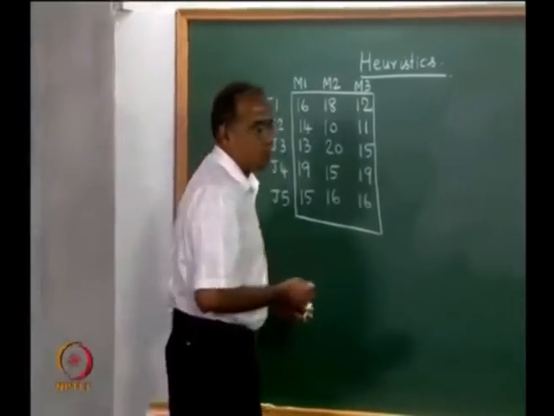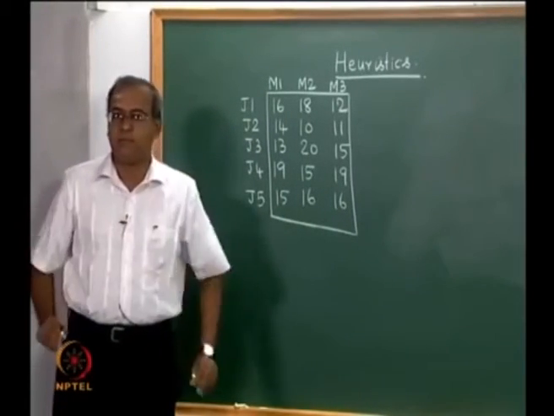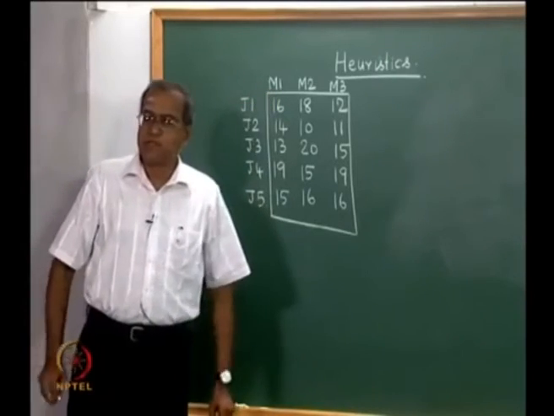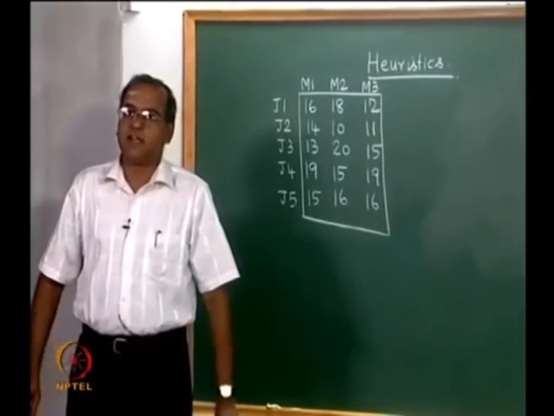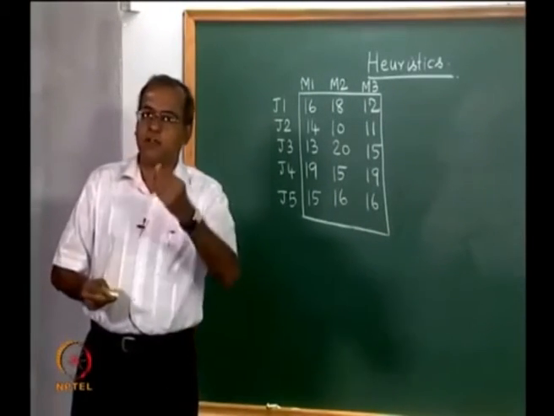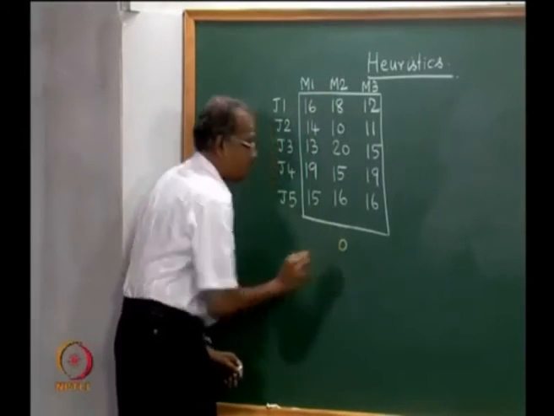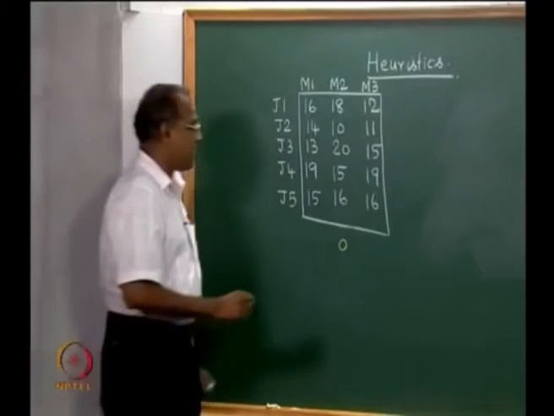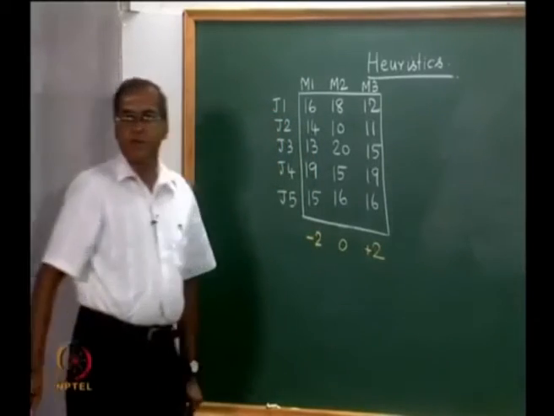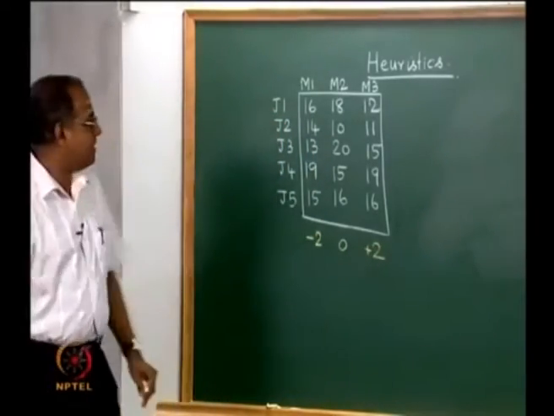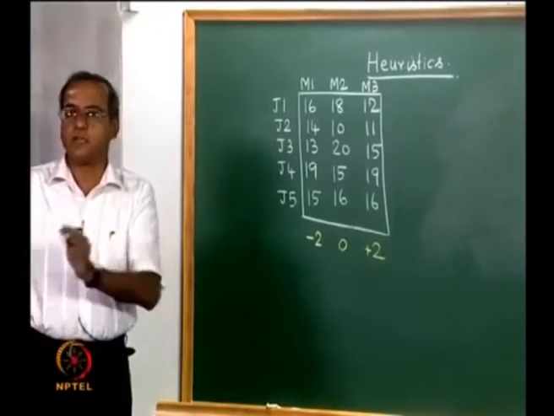Now the first heuristic that we will look at will try and find a weighted sum for each of these jobs. So we will give some weights to each of these machines, and then try and find a weighted sum for every job. So let us begin with giving a weight of 0 to the machine in the middle, +2 here and -2 for this machine, and then let us find a weighted sum of processing times for each of the jobs.